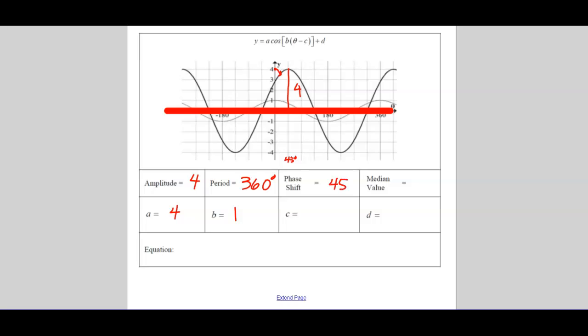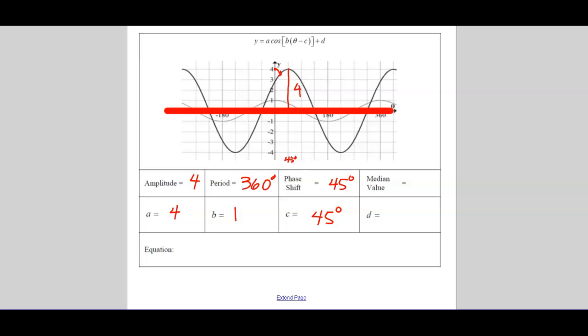So the phase shift is 45 degrees. And so C is 45 because we're subtracting C there. If the axis is in degrees, then you show that in degrees. That's the only part of that function that tells you what measure the angle is in, is that C value. Otherwise, it can be either measure.